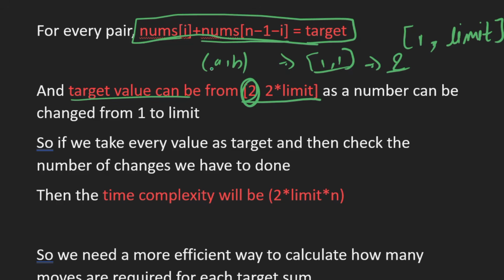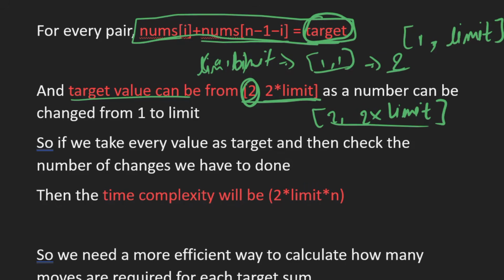Or if we replace both a and b with limit, then the sum will be 2 times limit. So that's the range of the sum, or we can say that's the range for the target, right? So our target range is from 2 to 2 times limit, right?